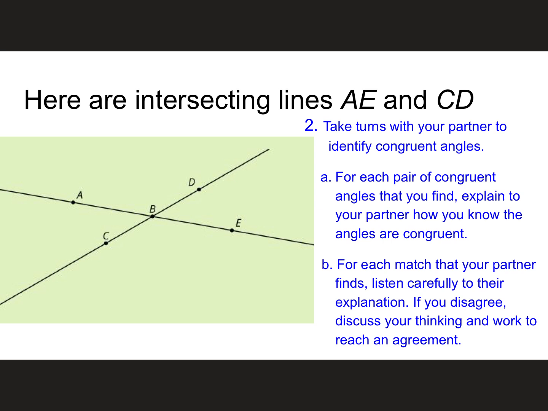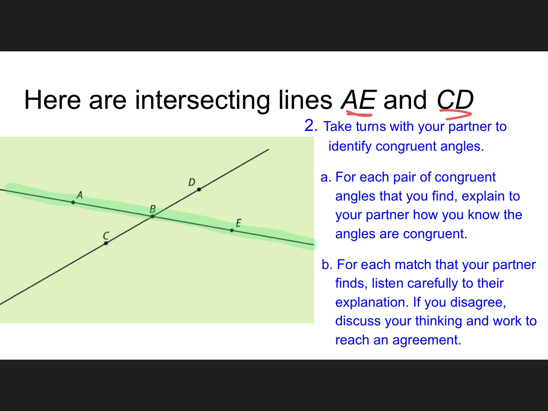Here I have intersecting lines AE and CD, the same picture I used in the last one. But this time, what if I decided to take line AE and translate it?